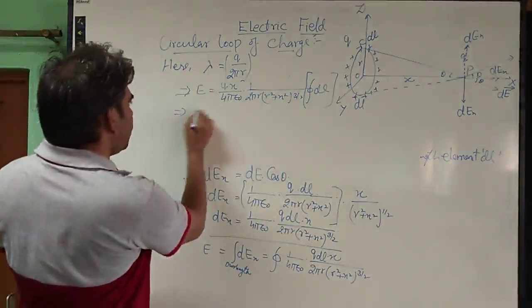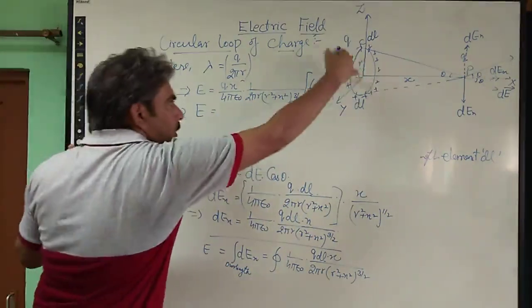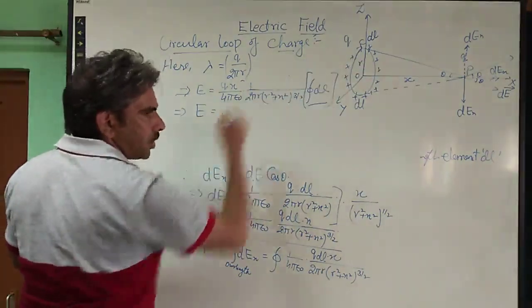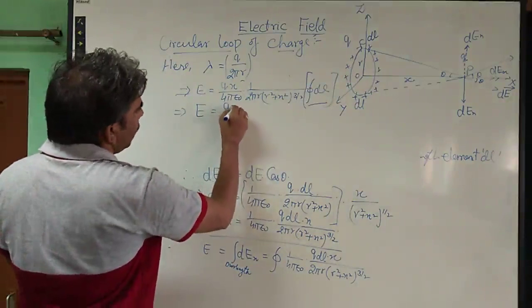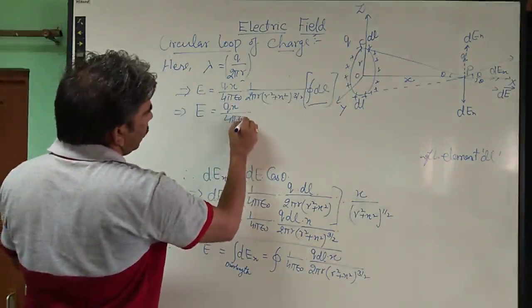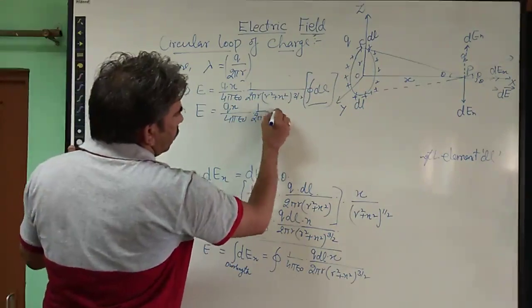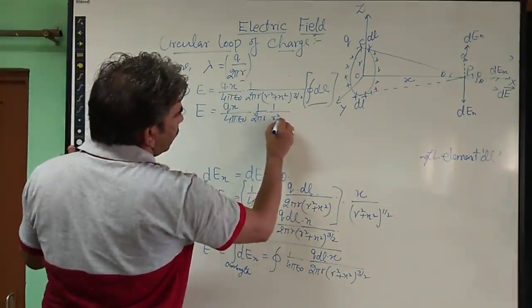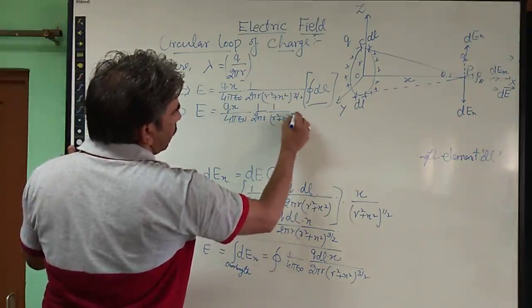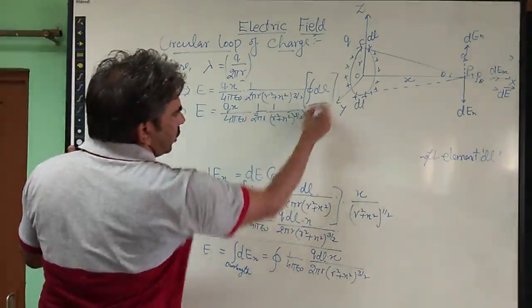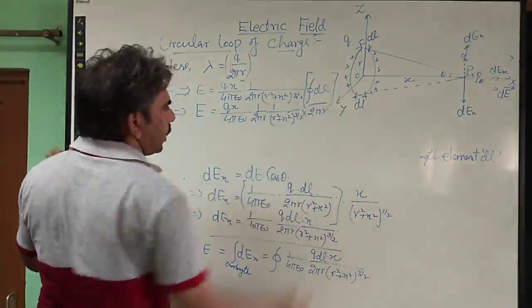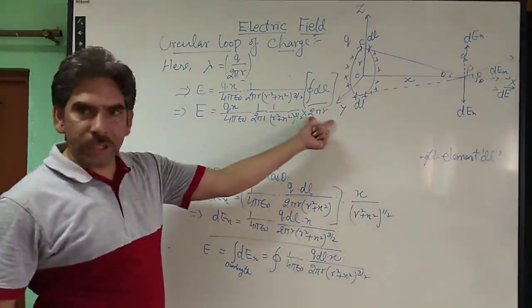So the whole length of this circular loop, which this term is representing, is q x upon 4 pi epsilon naught into 1 upon 2 pi r into 1 upon (r square plus x square) power 3 by 2 into this term, which simply results to 2 pi r. So 2 pi r cancels out with the 2 pi r.